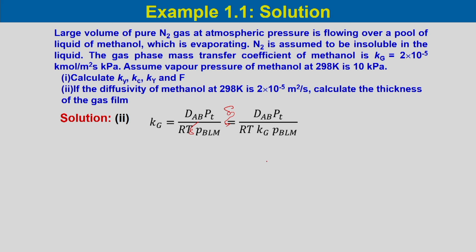So, delta would be equal to DAB PT divided by RT Kg PBLM.